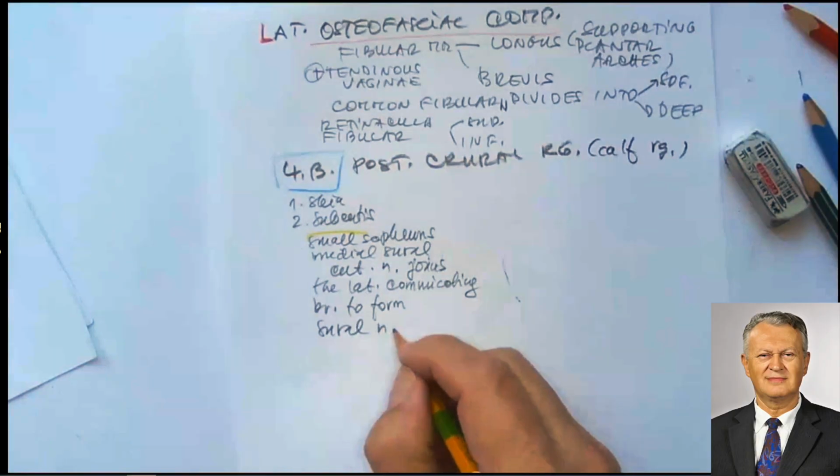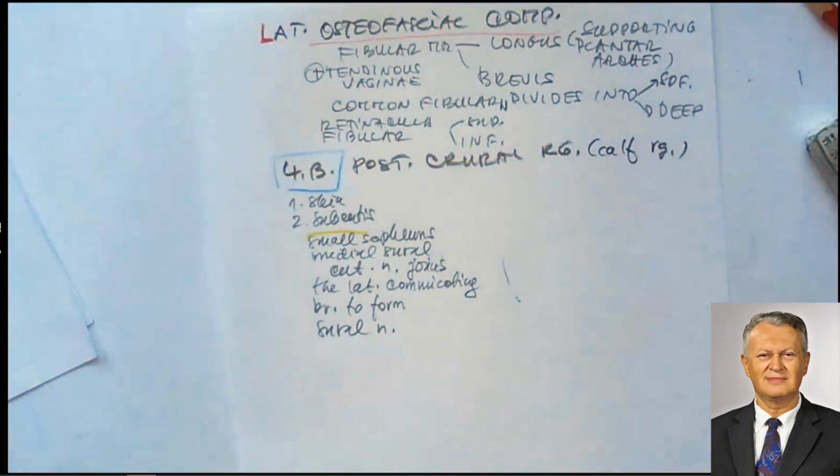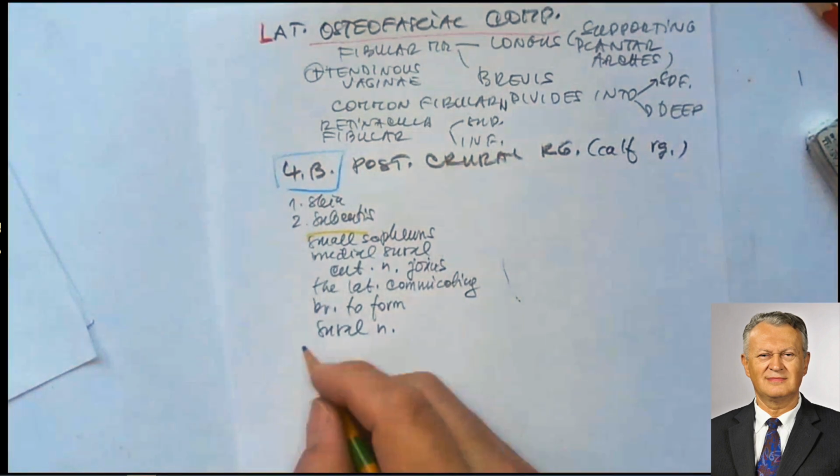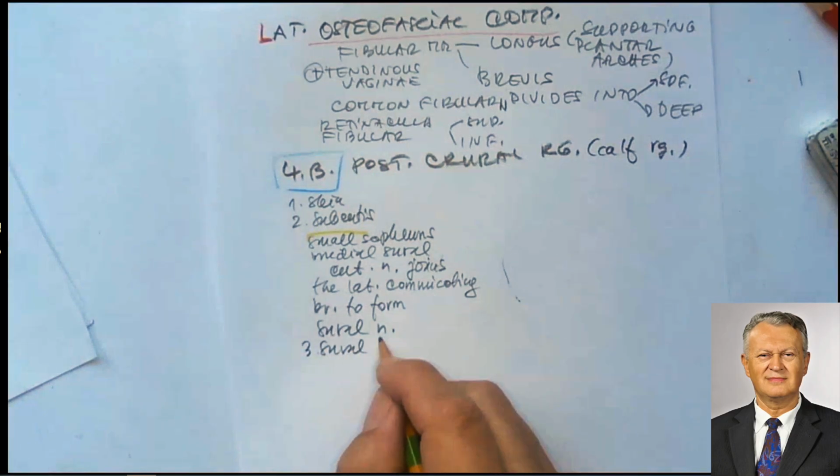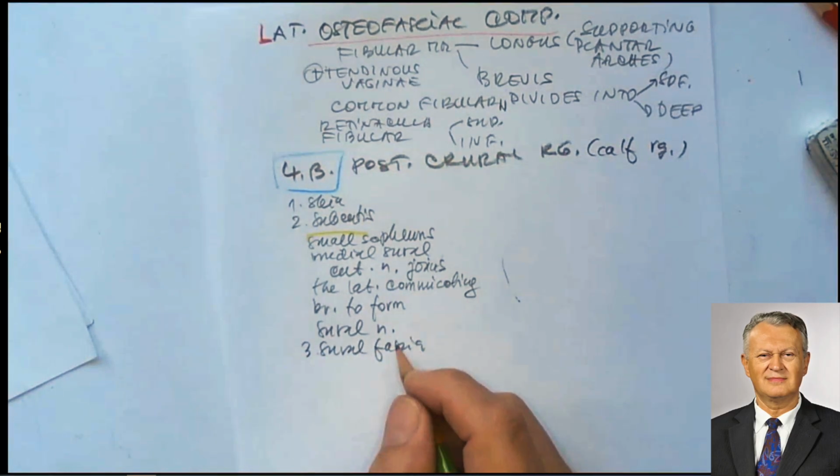So if we draw the cross section, we see always the sural nerve, but more proximally these two communicating branches. Sufficient. Number 3 is the sural fascia. That's it.